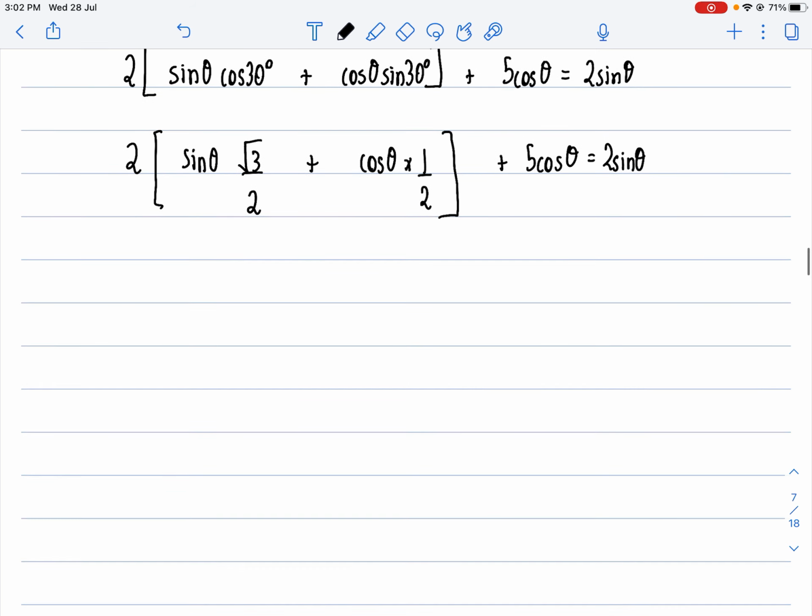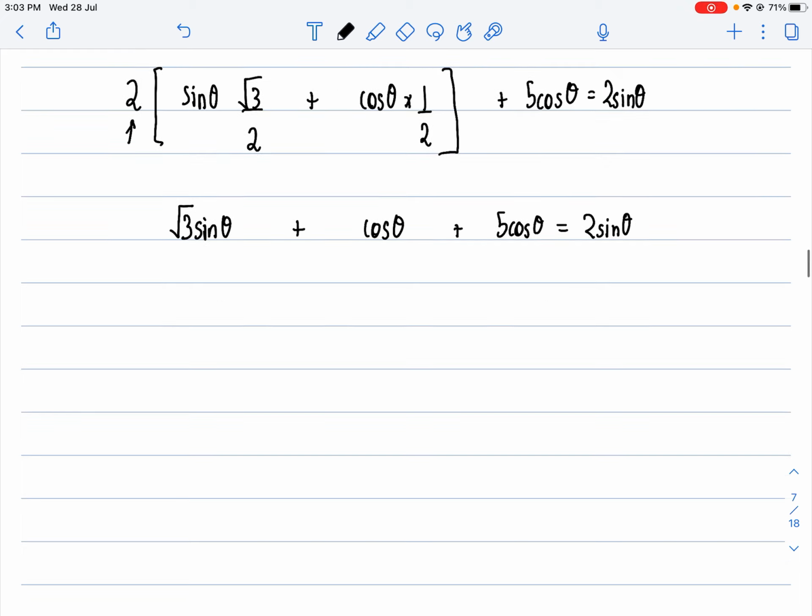Now when I take this 2 inside the bracket, I basically get root 3 sine theta plus cos theta, plus 5 cos theta, which is equal to 2 sine theta. This is what I basically get.